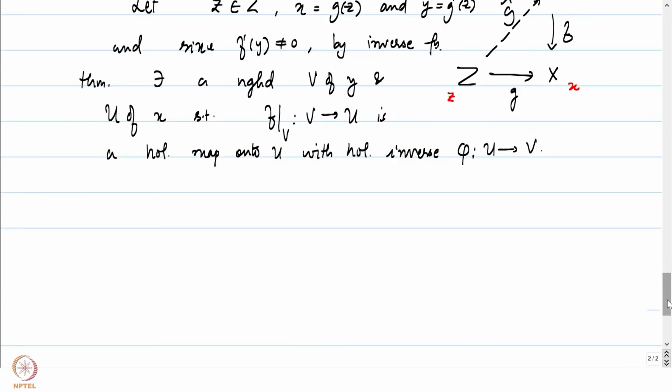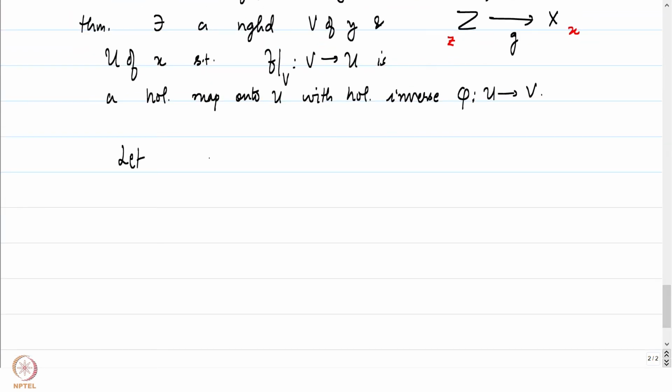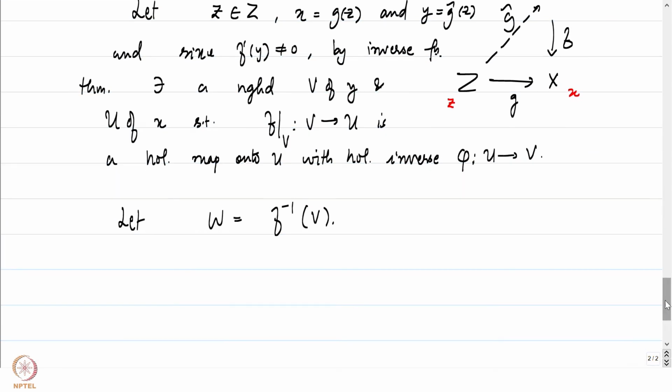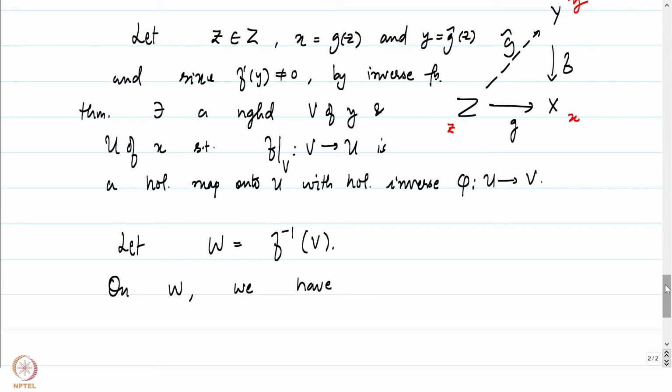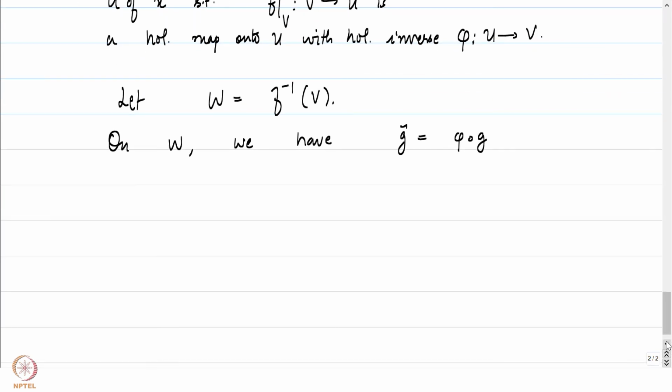Right? So let W now be equal to g inverse of U. Now, if you look at W, that's a neighborhood of z, and on W we have, I'll just write directly that g tilde is equal to phi composed with g. This is on W. By a very similar argument as in the previous theorem, we can conclude that this is the case.